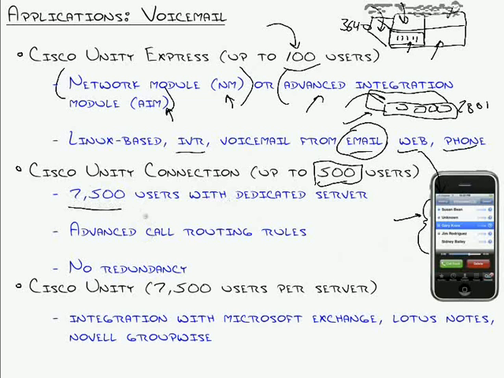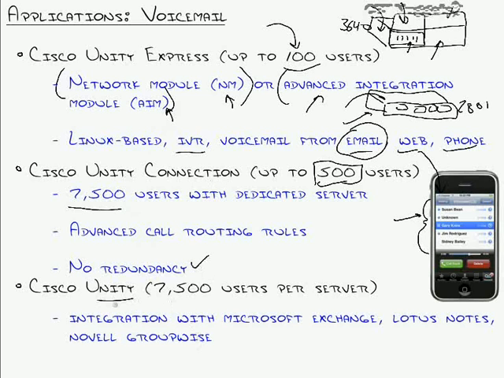Again, no redundancy, but it's meant to be kind of an all-in-one solution. Now, it supports advanced call routing rules that the Unity Express does not, meaning you can route calls based on different criteria and scripts and things like that, whereas Unity Express is simply a voicemail system that runs inside of a router. No redundancy on this guy.